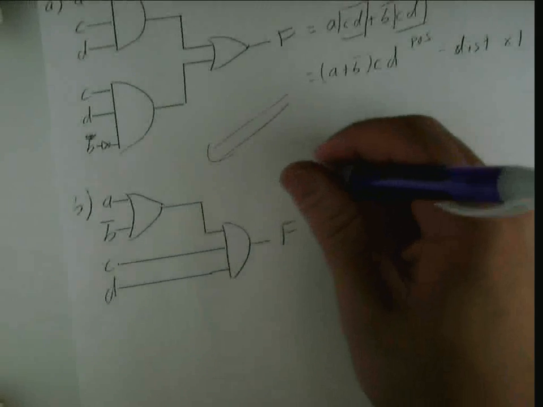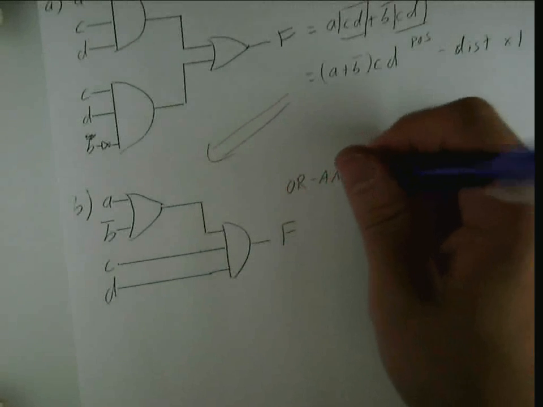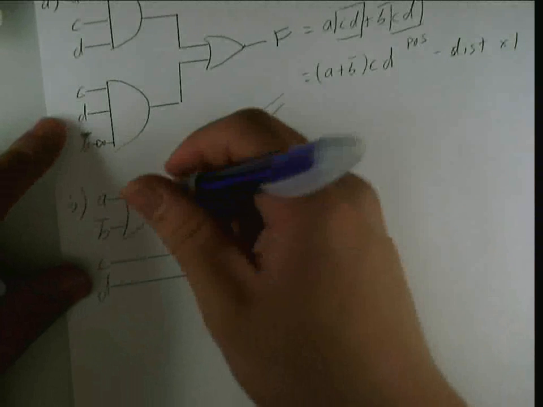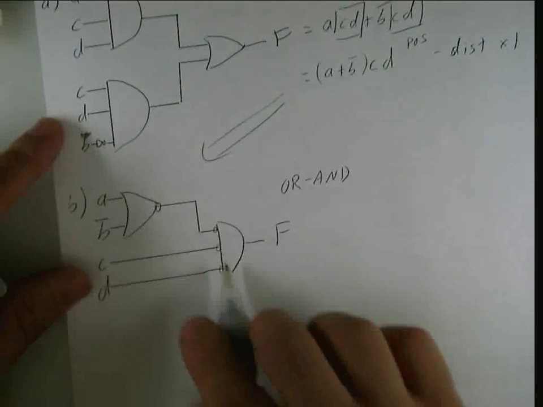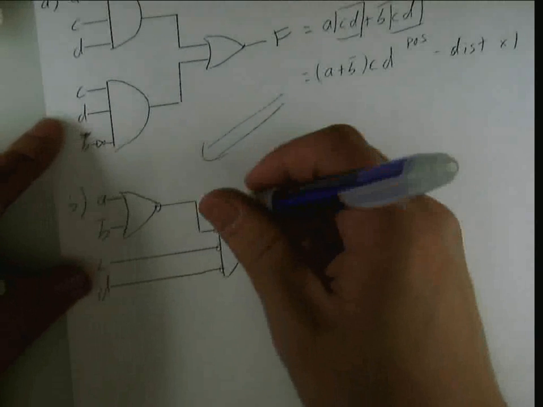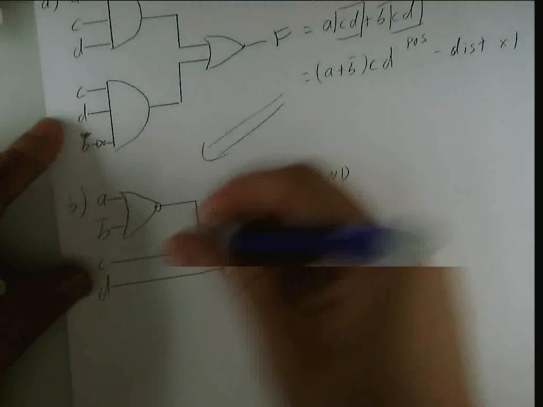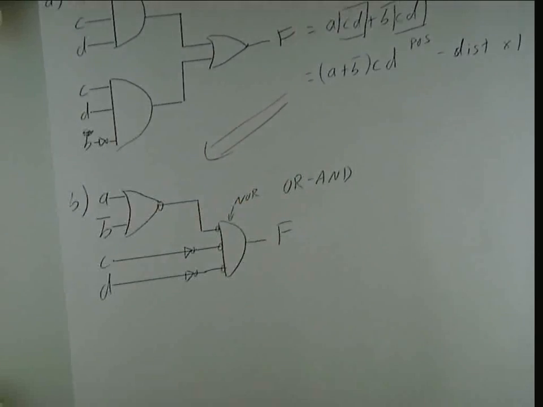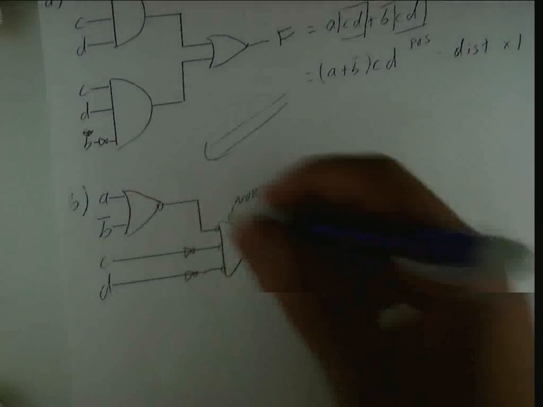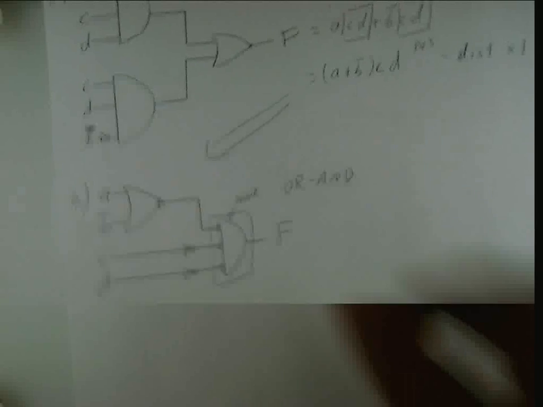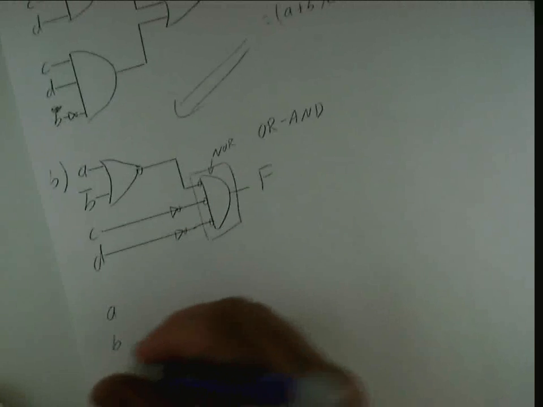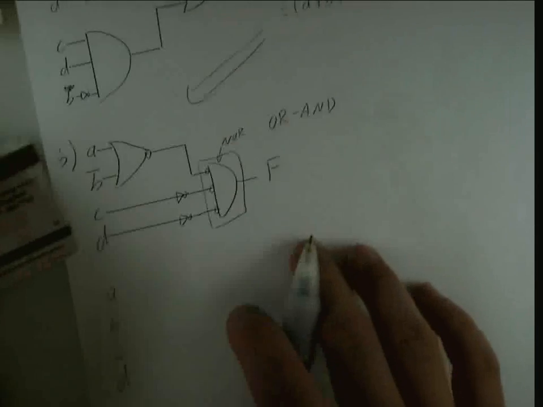This is our OR AND circuit, which we can easily convert to a two-level NOR by complementing here, here, here, and here. So this will change to a NOR. But if we do that, we will need to add inverters here as well. So this becomes our NOR, and this time I will actually draw all my transistors.